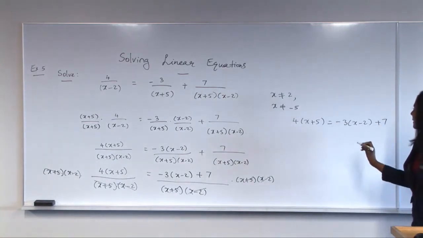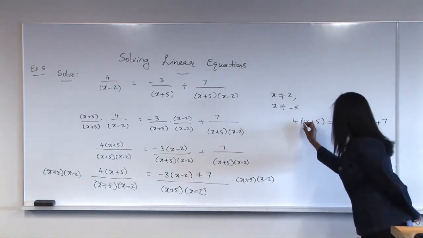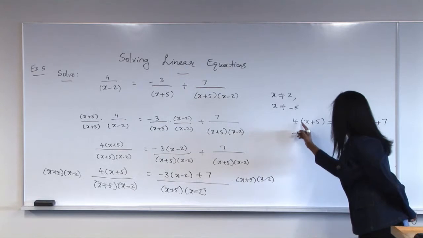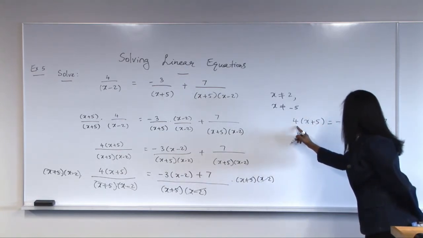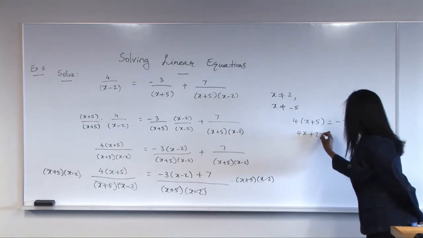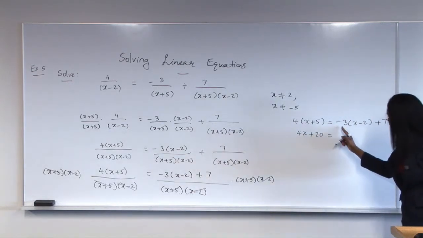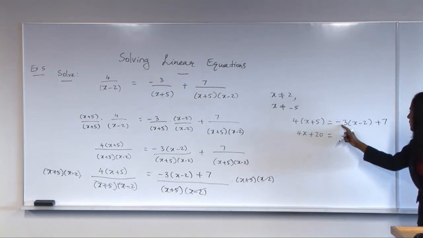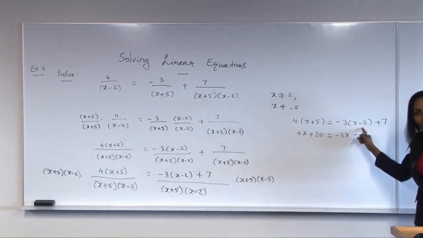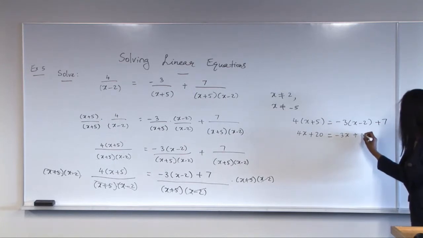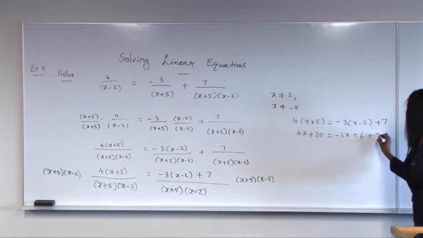Correct? Now we have to distribute this. So this is 4 times x is 4x. Remember to distribute that 4 here also. So 4 times 5 is plus 20. So here we have to distribute negative 3. So negative 3 times x, negative 3x. Negative 3 times negative 2, positive 6, plus 7.